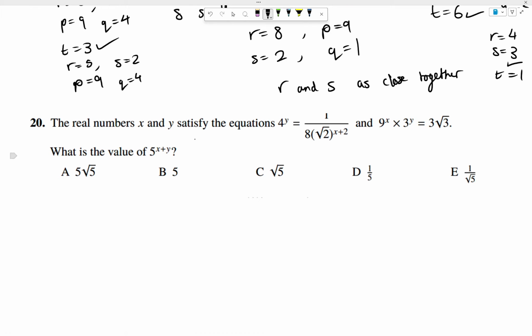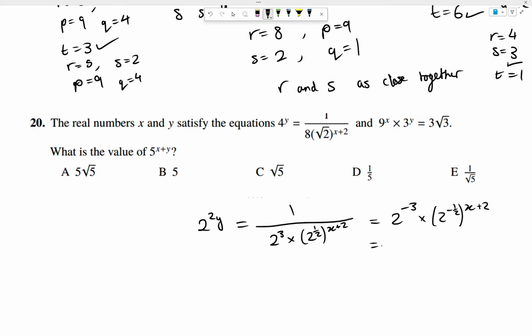number. So for the first equation, I'm going to rewrite everything as powers of 2. So that would be 2 to the power of 2y is equal to 2 cubed times 2 to the half x plus 2, which is equal to 2 to the minus 3 times 2 to the minus a half x plus 2, which is 2 to the minus 3 minus a half x plus 2.